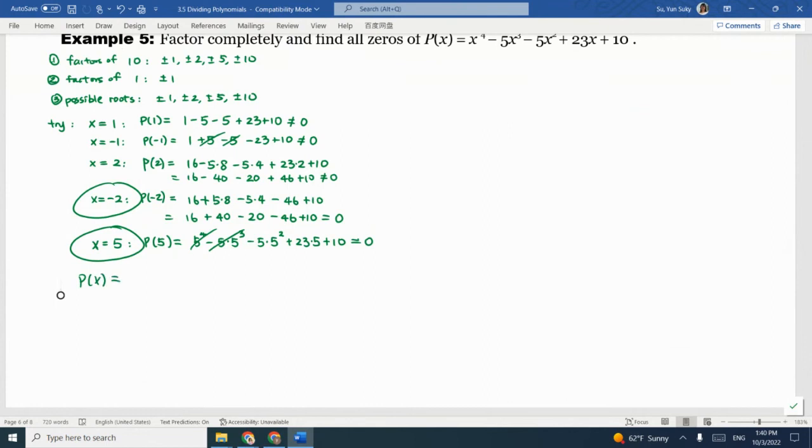Because x equals -2 is a root, x plus 2 is a factor. You flip the sign of it. So -2 corresponds to the factor x plus 2. How about this one? What's the factor?